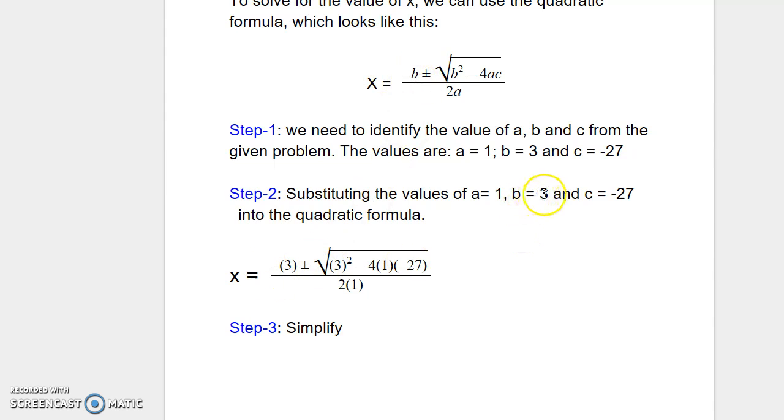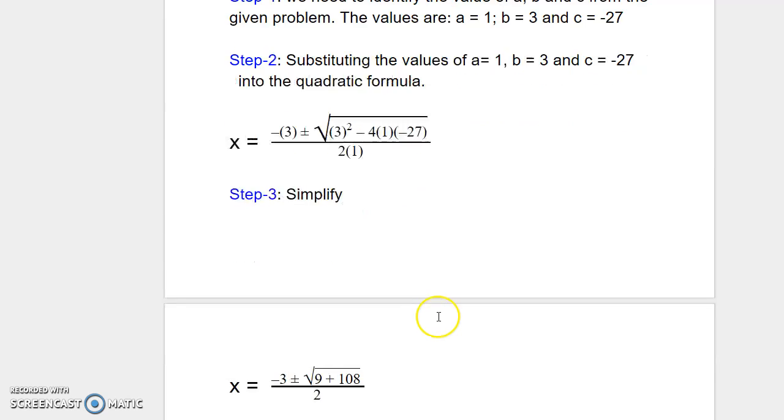Negative of the value of b is negative 3 plus or minus the square root of b squared. The value of b we have is 3 raised to the power of 2, minus 4ac, 4 times the value of a is 1, and the value of c is negative 27, divided by 2 times the value of a, which is 1, like that. We have substituted the values of a, b, and c into the formula.